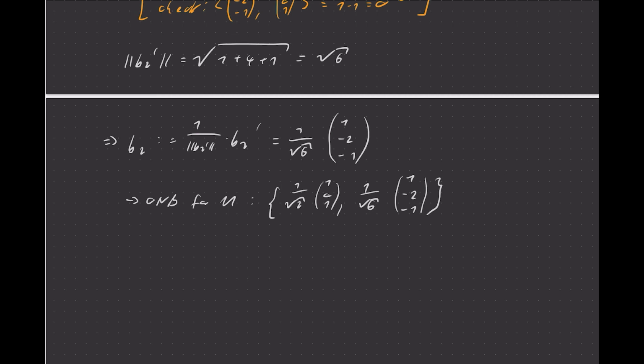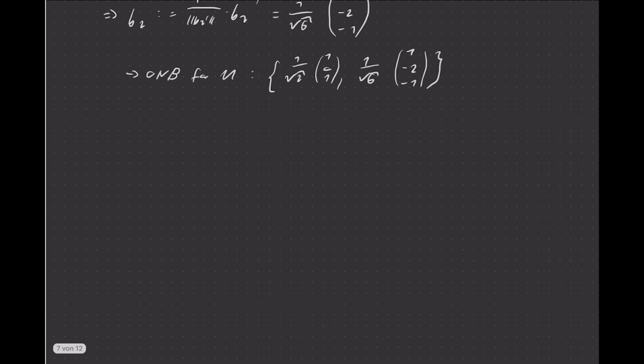Now, the problem statement asks for an ONB of the orthogonal complement of U as well. So let's continue with the process. We have this basis of U. Now we just need to add at least one more vector to get a basis of R3 and then continue Gram-Schmidt's method with that one vector. So that's step number 3 then.